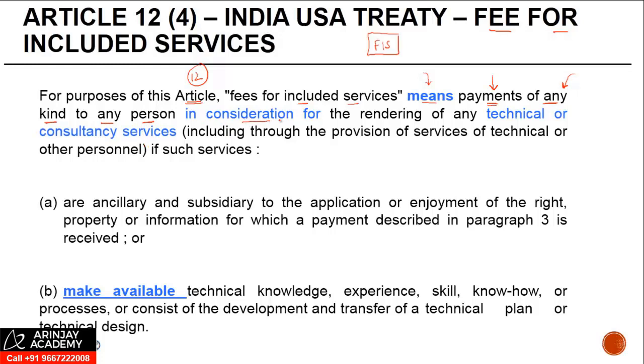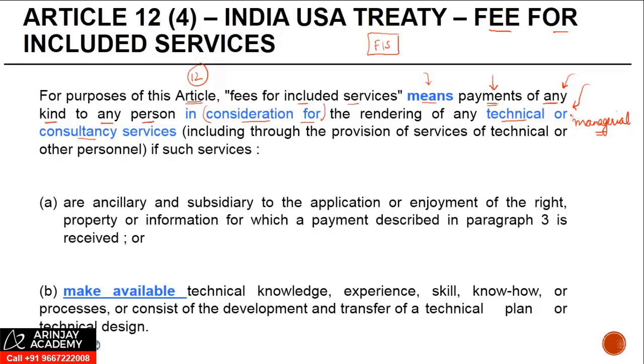In consideration for, we had a long discussion on this aspect when discussing royalty, so I'm not going to get into the details again. The rendering of any technical or consultancy services. Now basically what happens is that in most of the treaty, including the act, you are going to find that the words used are managerial, technical and consultancy services, right?